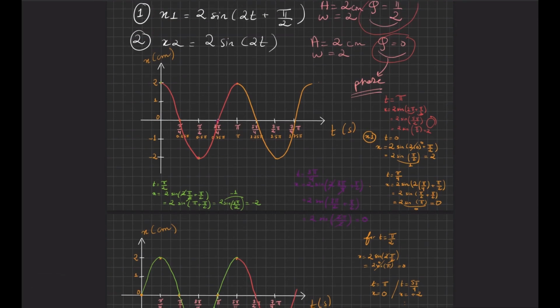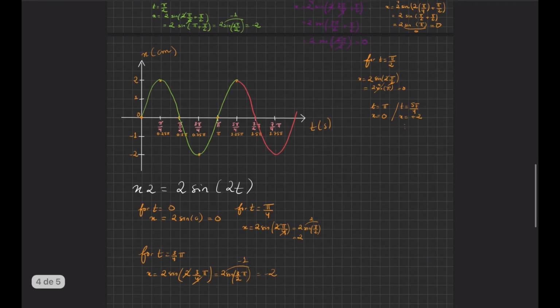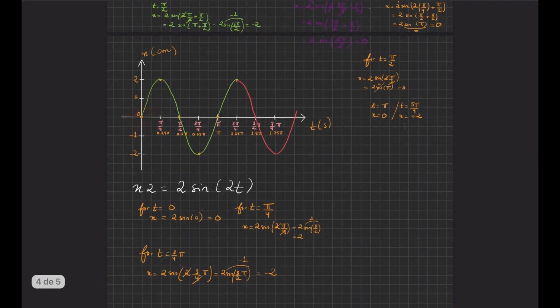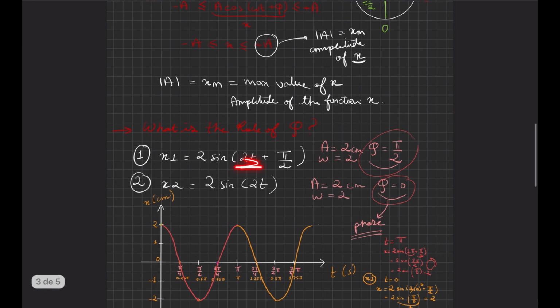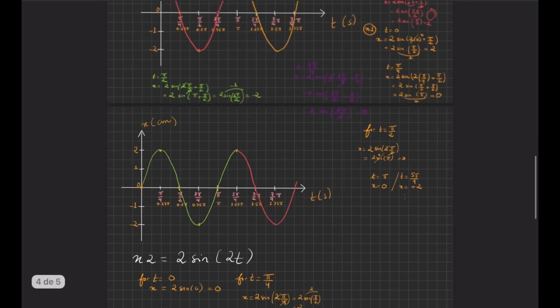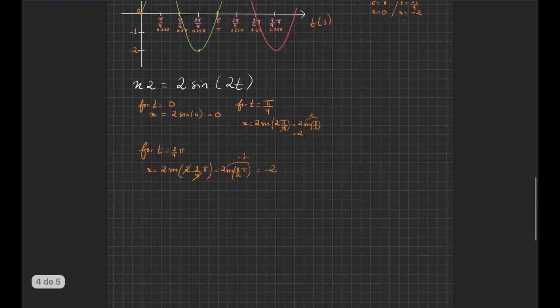For x1, when phi was pi over 2, the function starts at the maximum at 2 here, whereas here the function starts at 0. So we can say that the function of phi is to determine the initial abscissa. For when t equals 0, we have the phi. So it determines where the function starts.